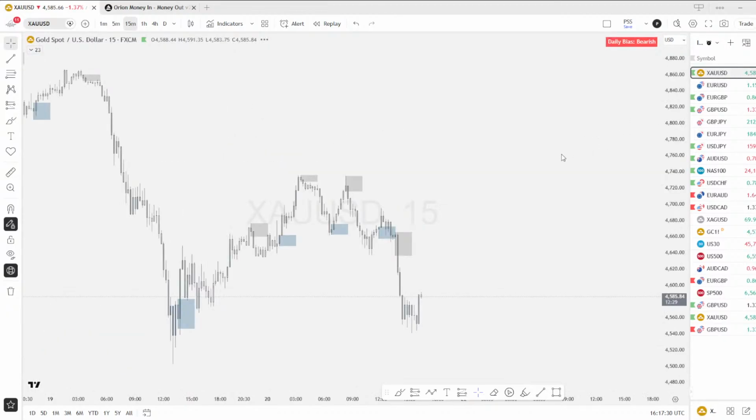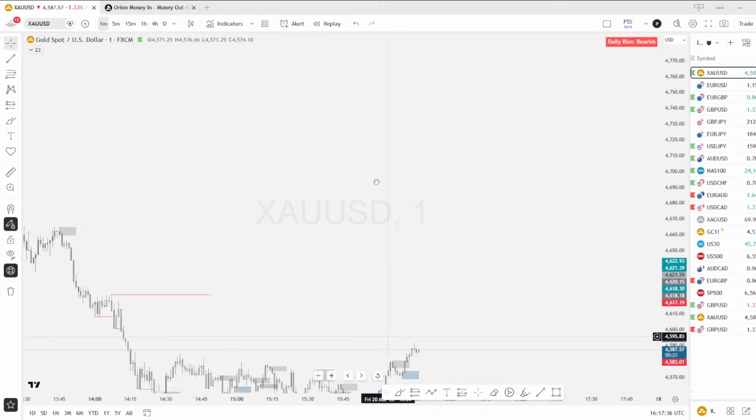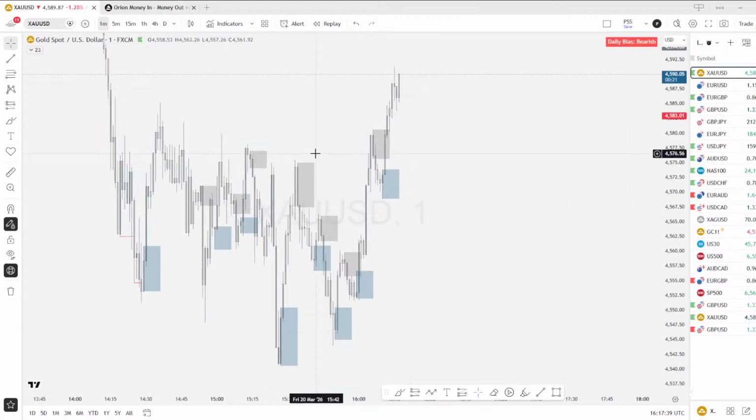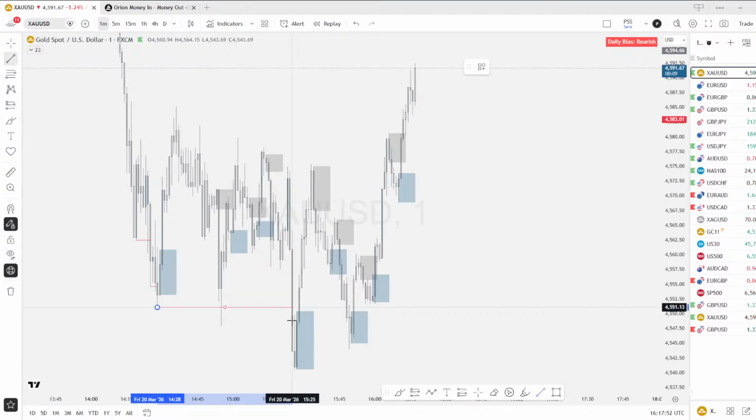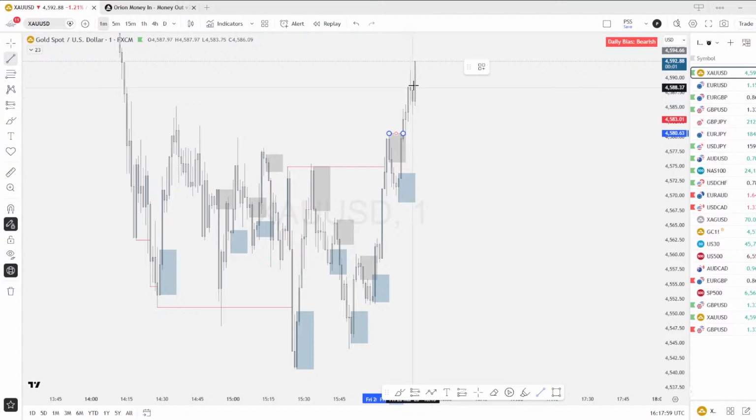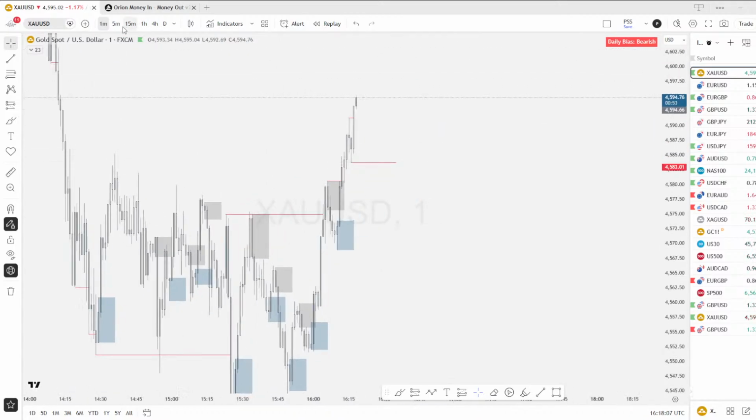Let's go to gold actually, see what gold's doing. Okay, so I'm just marking up the current movement here on gold. It is pushing back up into the highs.